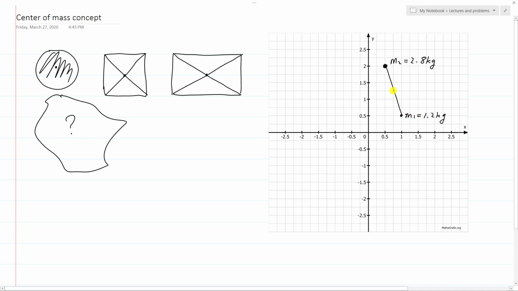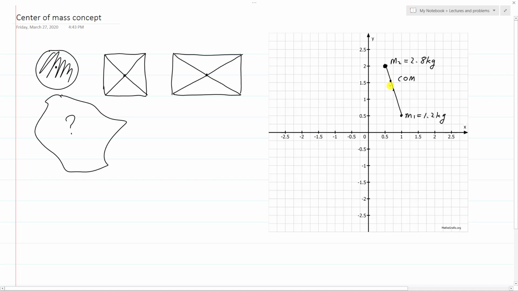If this were the midpoint of the line, and then more mass and less mass, the center of mass should be closer to the heavier side. So this should be the center of mass, just on the concept level, not exactly. It should be closer to the heavier side than to the lighter side. So how about getting the exact calculation then?